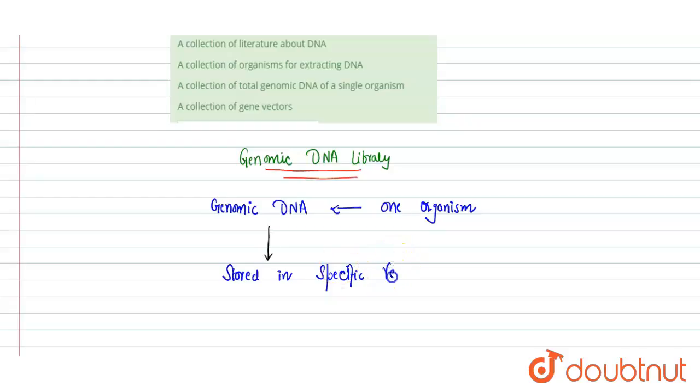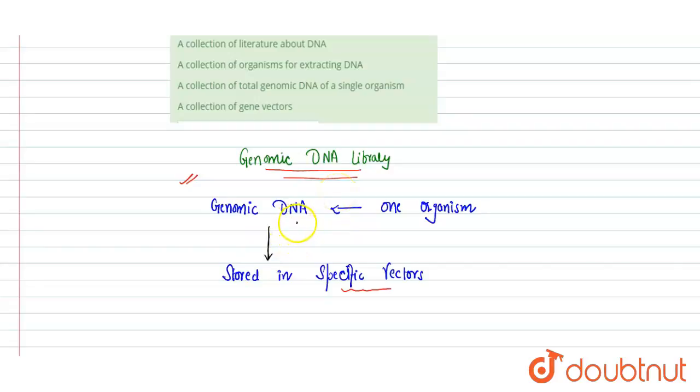So these are stored in specific vectors, and whenever a genomic DNA sequence is required, it has to be introduced into the host cell to multiply and to get the product or desired gene of interest from that library. In this way, this library has been maintained.